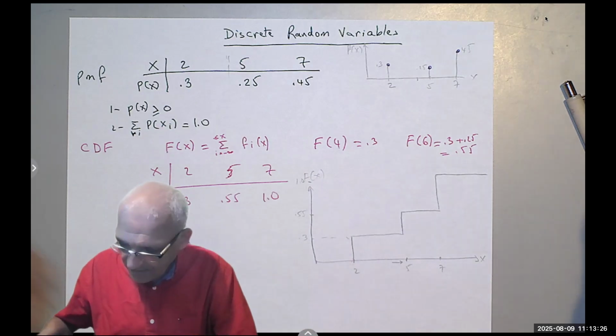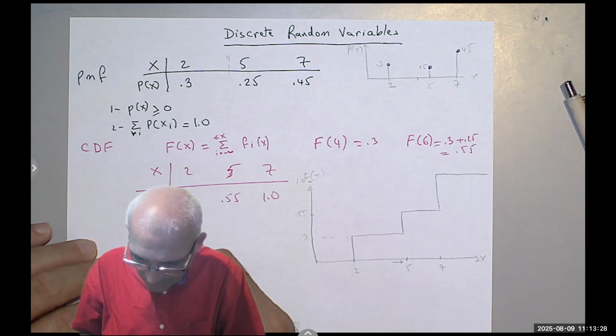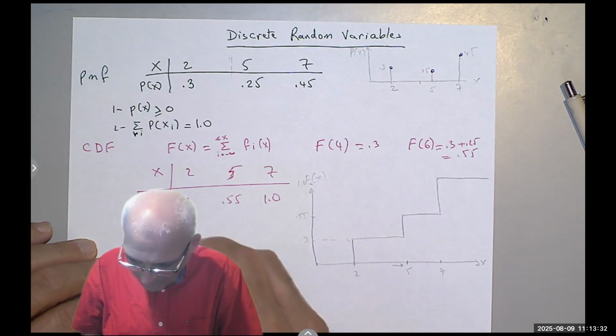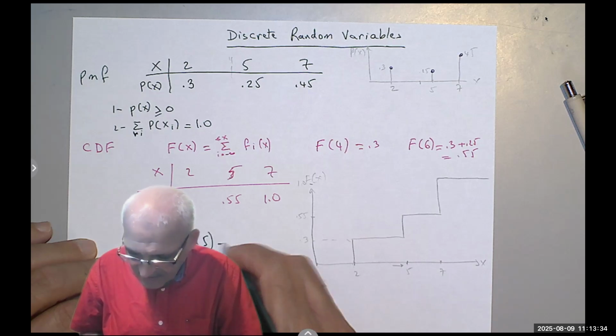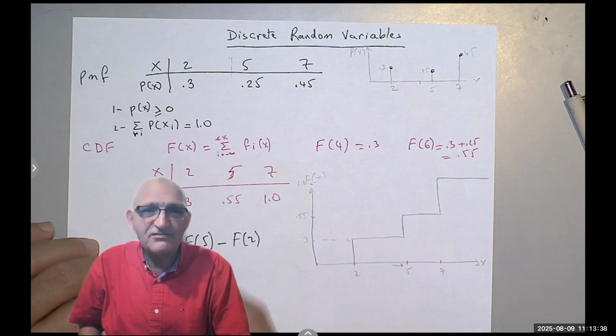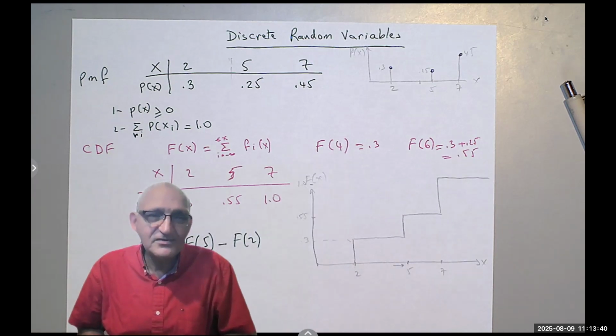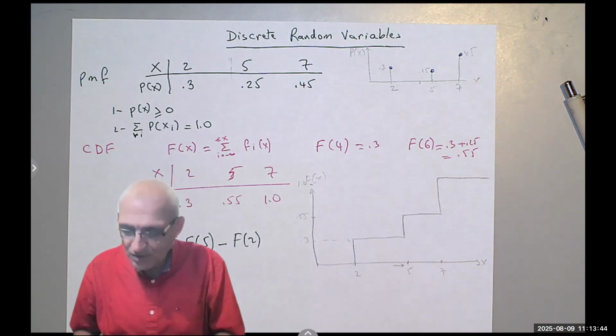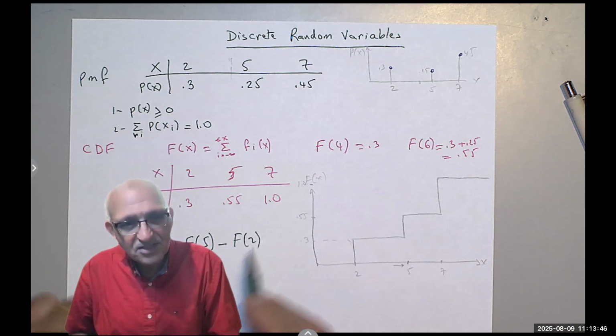If I want P of 5, for example, I can say it's f of 5 minus f of 2, or f of any number between 2 and 5, f of 3, for example. It's okay. But usually we look at where the function is defined, right?